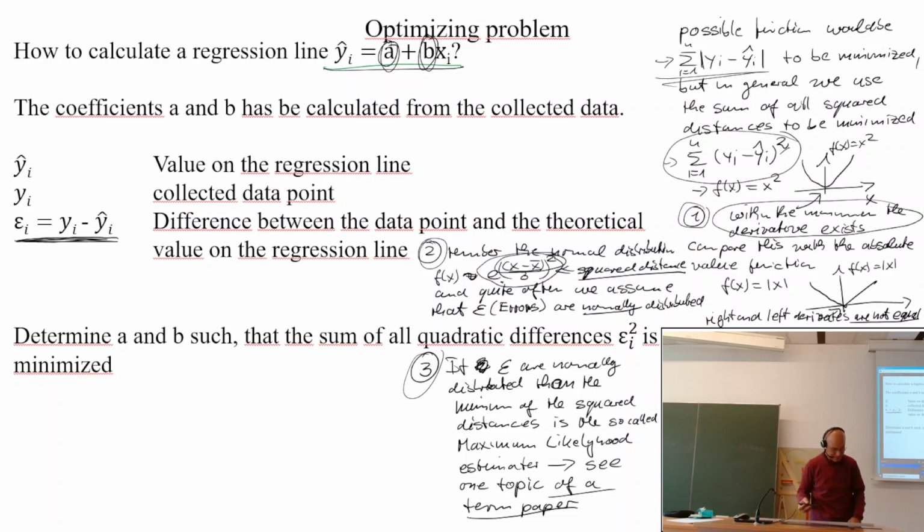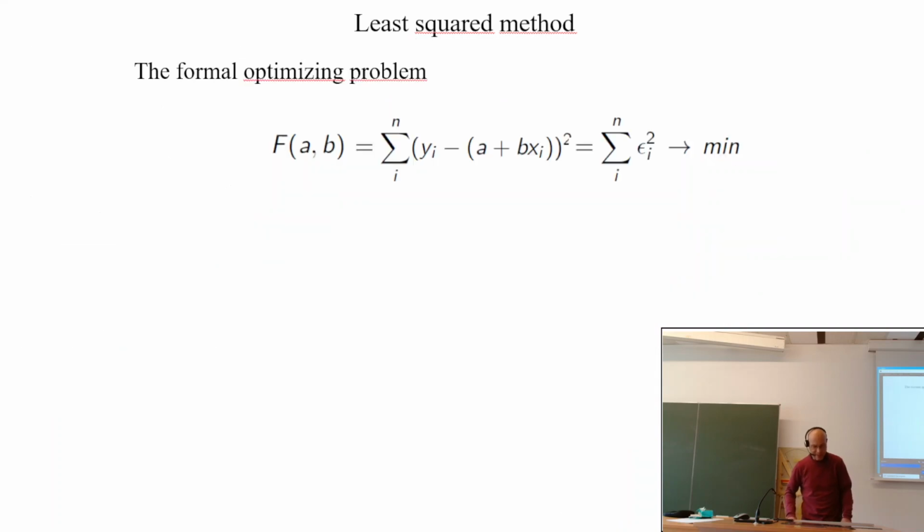Okay, so if we now take these quadratic differences, identifying this function, then we have to ask, well, how do we obtain our 2 parameters a and b for our regression line?